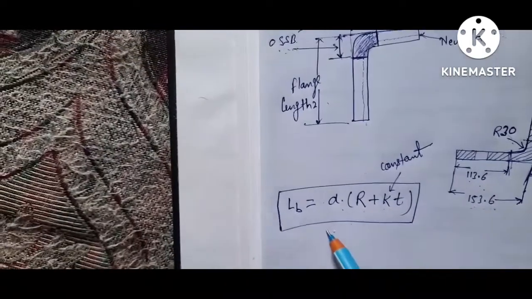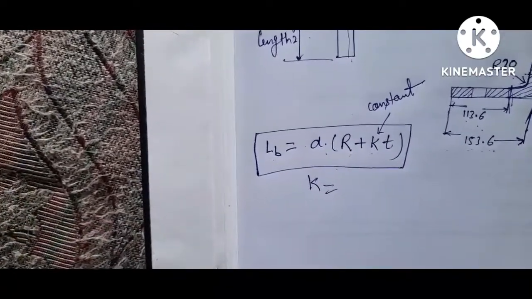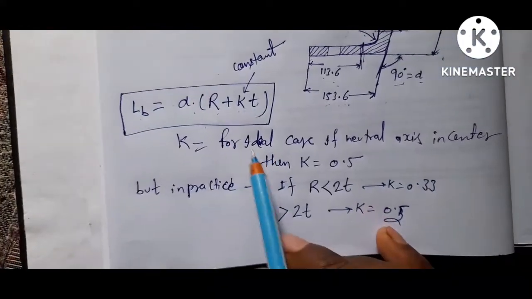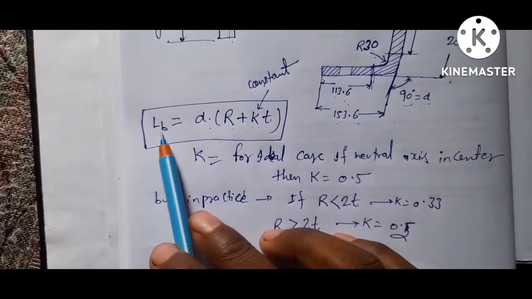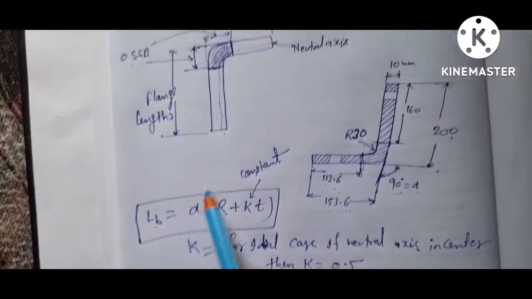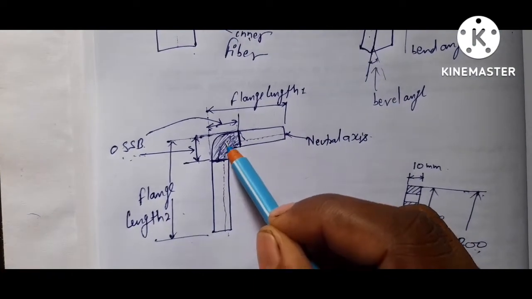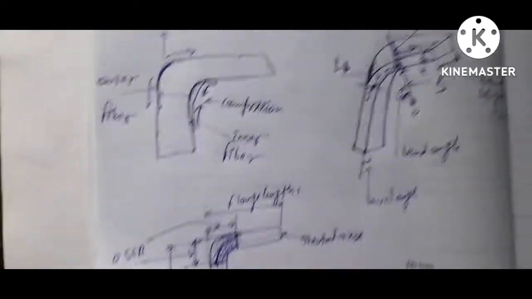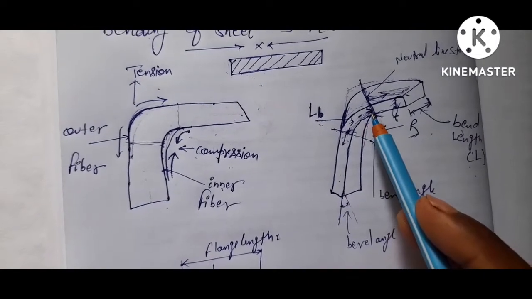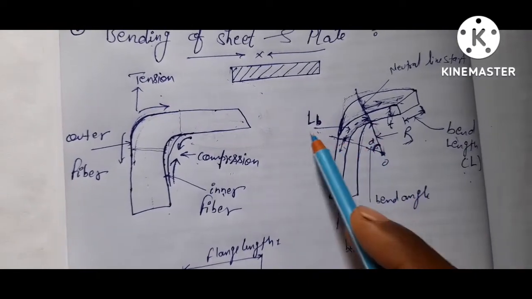What K values are taken, you see here. Friends, K is a constant. What is bend allowance? The distance from this neutral line to this neutral line is known as bend allowance. You see in this picture, from here to here, this is the bend allowance LB.